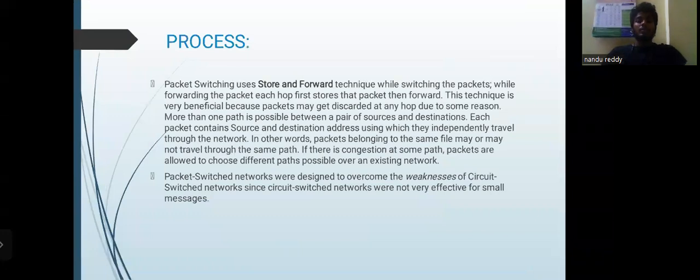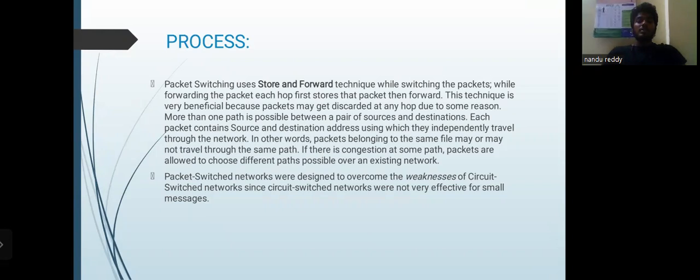Next, this is how the process was done in the last diagram. Packet switching uses the store and forward technique. While forwarding the packet to each hop, it first stores the packet, then forwards it. This technique is very beneficial because a packet may be discarded at any hop due to some reason. More than one path is possible between a pair of source and destination.